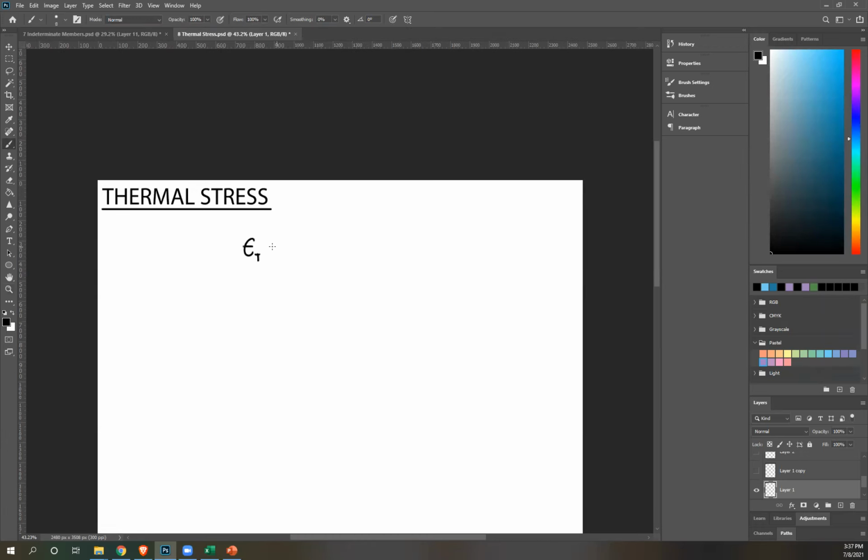So equation for strain, alpha change in T. Now that's also equal to delta over original length L. Multiply both sides by L to get delta equals alpha L change in T. So this is a deformation due to temperature.